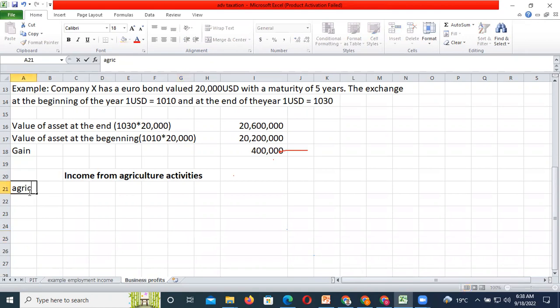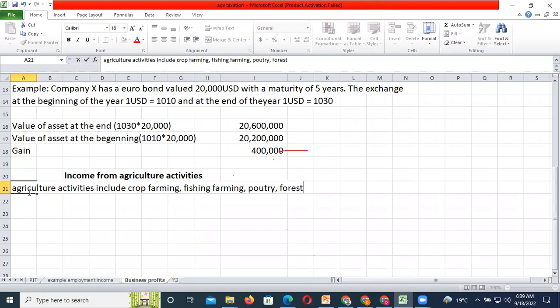So agriculture activities include crop farming, fish farming, poultry, forestry, etc. The annual turnover of 12 million is exempted from taxable business profit.